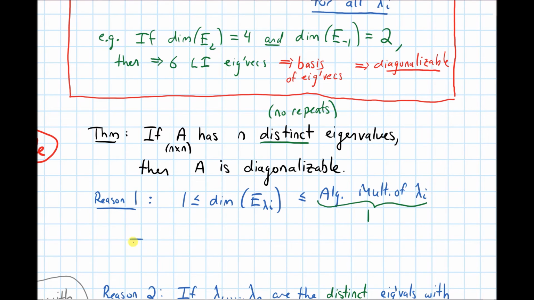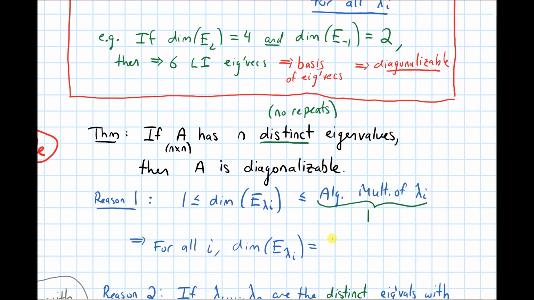So what that means is for all i, we know that the dimension of this eigenspace is greater than or equal to 1, but it's also less than or equal to 1. So that only leaves us one possibility, that the dimension of that eigenspace has to be equal to 1.